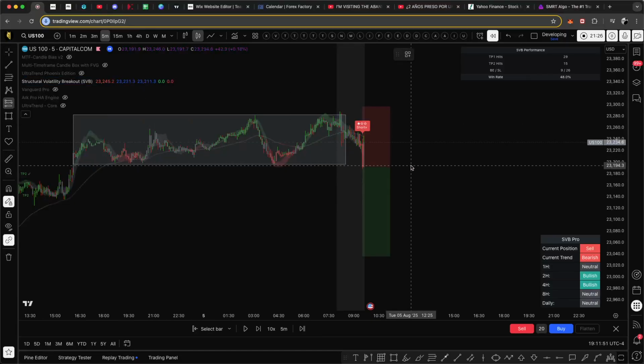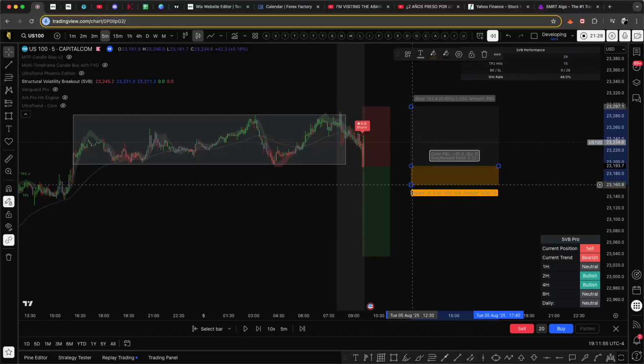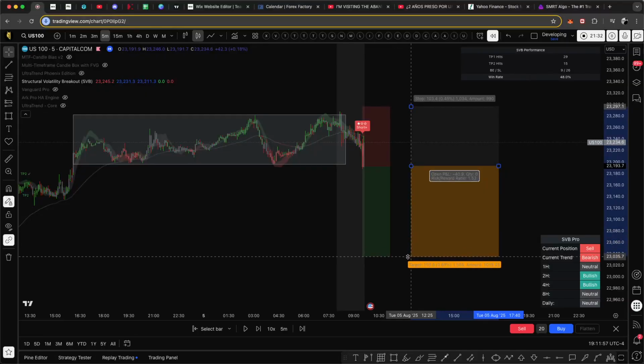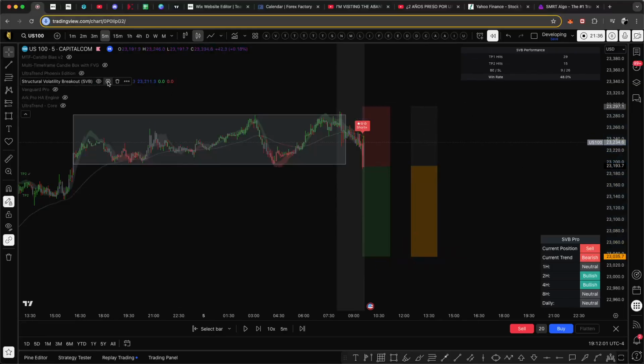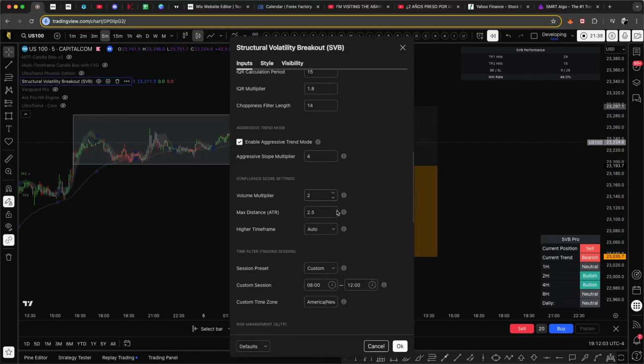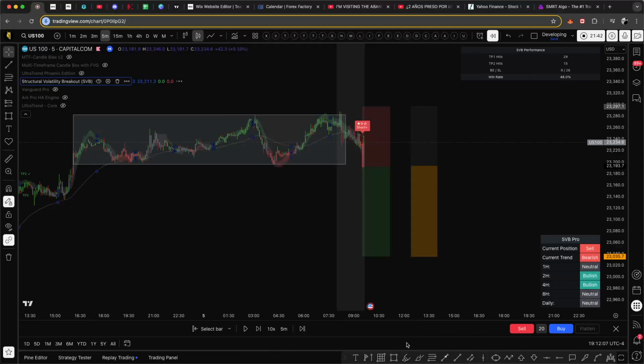Probably you don't know what I'm talking about, and if you don't know, it's important for you to know. So that's the 2.5 multiplier. Let's say I move this to 2. Look at how.